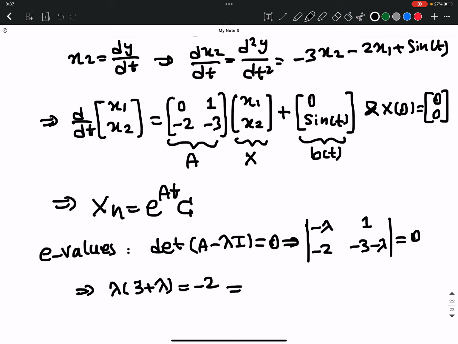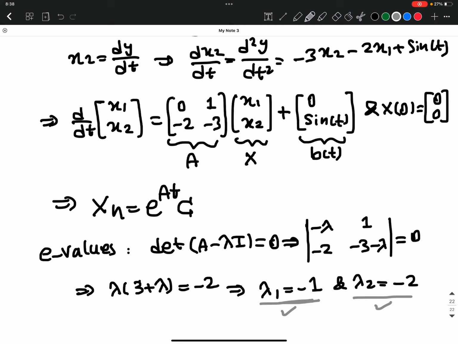So my lambda 1 would be minus 1, and my lambda 2 would be minus 2. Okay, so I found these two lambdas, which are my eigenvalues.